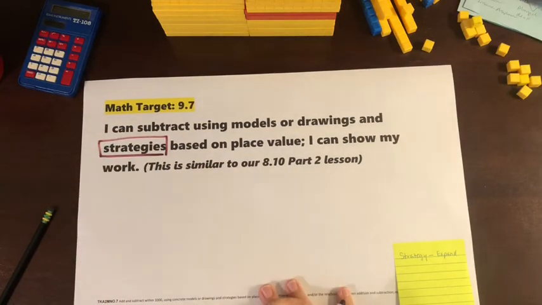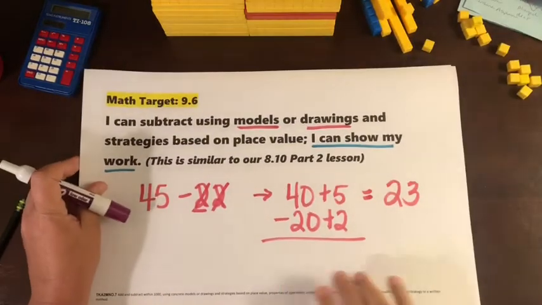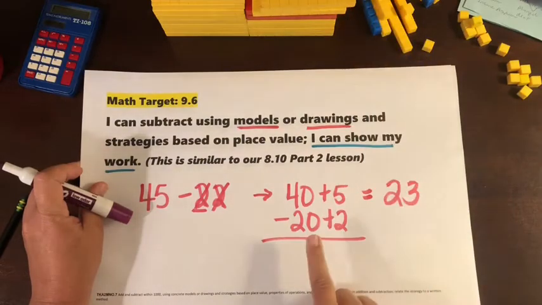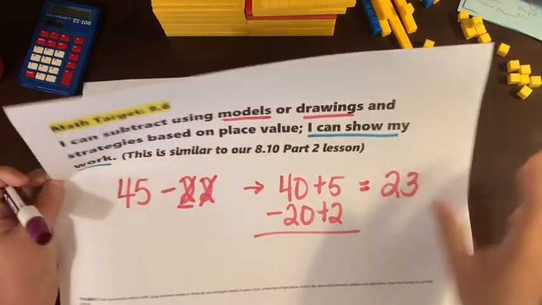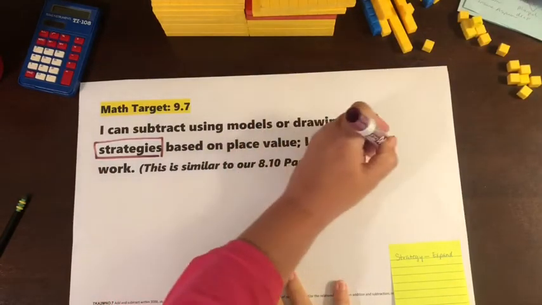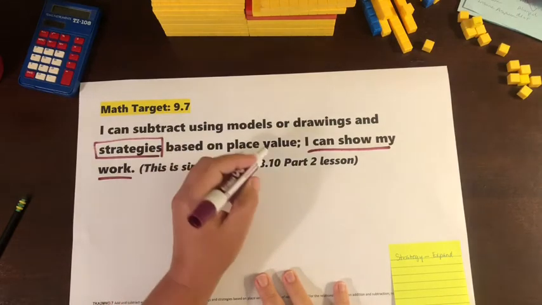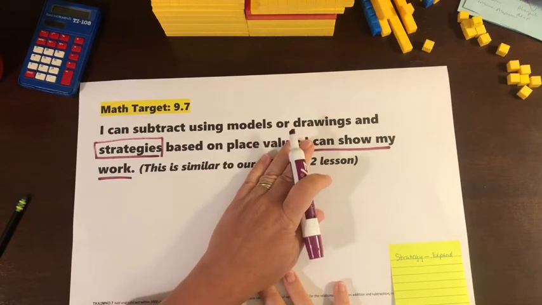The models that we used, remember our previous lesson, were the base 10 blocks. I kind of previewed it in our lesson where we're going to expand it. That's going to be our strategy today, where we can show our work, okay? So it's really going to be not the model itself, but the drawing will be the expanded form.